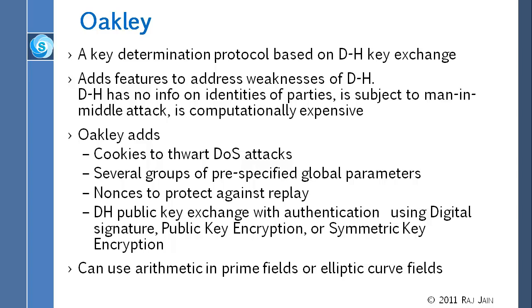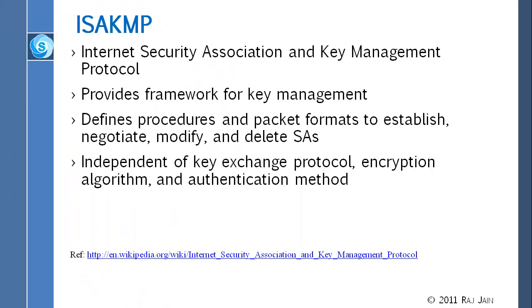Alright, so Oakley is Diffie-Hellman in a very simplified manner, okay? Because it is an extension of Diffie-Hellman. Next is ISAKMP. So ISAKMP stands for Internet Security Association and Key Management Protocol. And it basically provides what to do to create new associations. So this is a protocol.